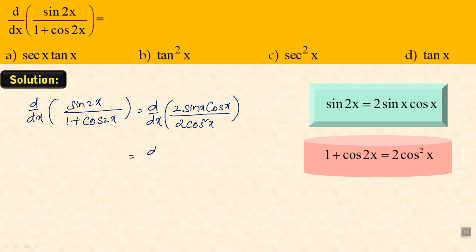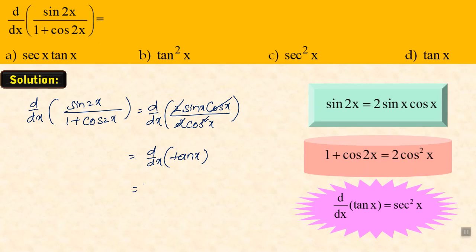This equals to d by dx of, here 2 get cancelled, cos x, here square get cancelled, sin x by cos x, that is tan x. This equals to d by dx of tan x is secant square x. Therefore, the answer is option C.